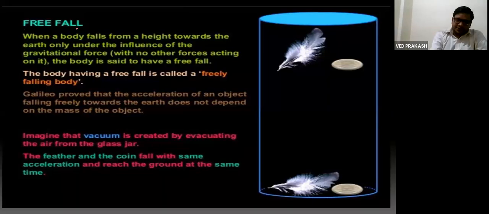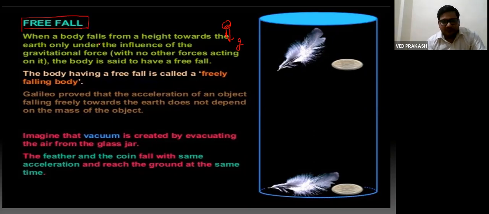Let's talk about free fall. So what is free fall? If you drop any object near the Earth's surface, then it will move under gravity. The only force acting on this object is the force due to gravity, and this object will start falling towards the Earth with acceleration g. This kind of motion is named free fall.